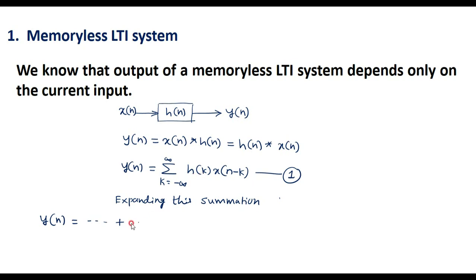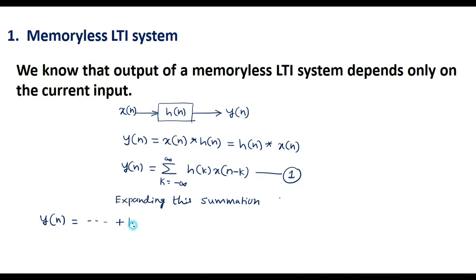So let me take k is equal to minus 3, that is h of minus 3 x of n minus of minus 3, it will be n plus 3, plus next sample will be minus 2, h of minus 2 x of n plus 2, plus h of minus 1 x of n plus 1, plus h of 0 x of n, n minus 0 is n, plus, let me continue here.